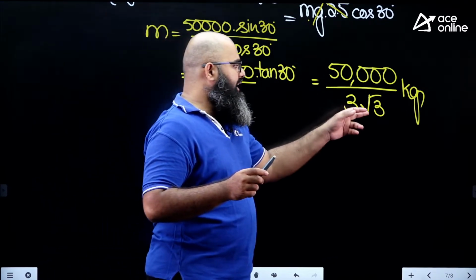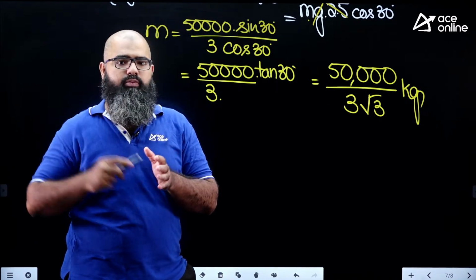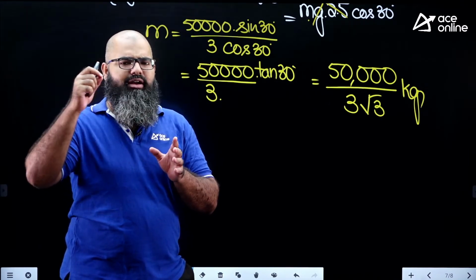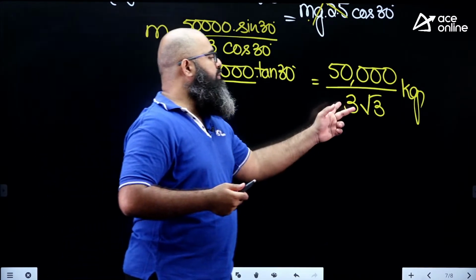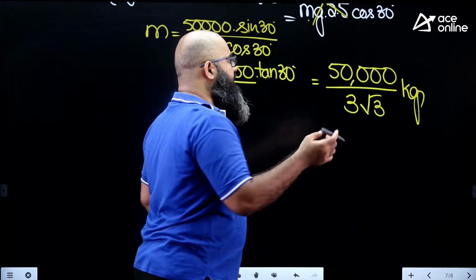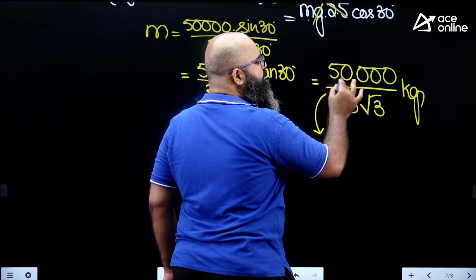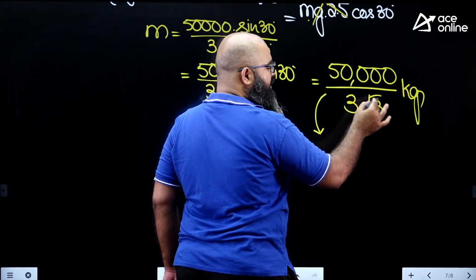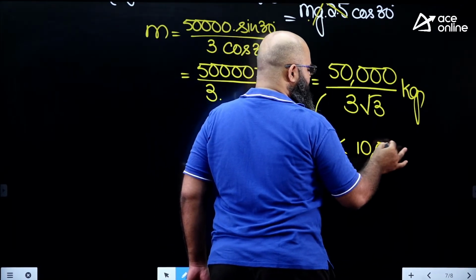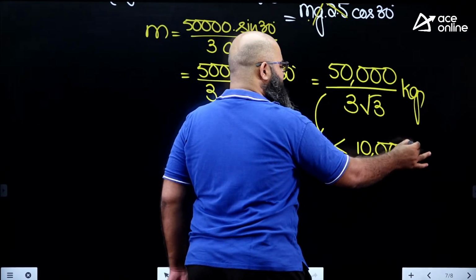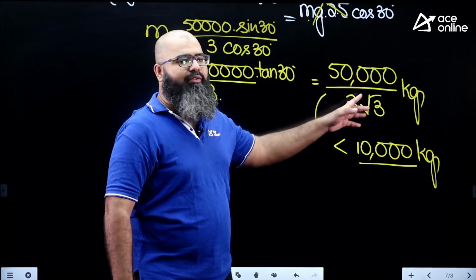Now I realize root 3 is equal to 1.732. Let us say, for the sake of understanding, it is 1.7. 3 times 1.7 would be 5.1. So 50,000 divided by 5.1 is slightly less than 10,000, because it is 50,000 divided by 5.1 or 5.2.